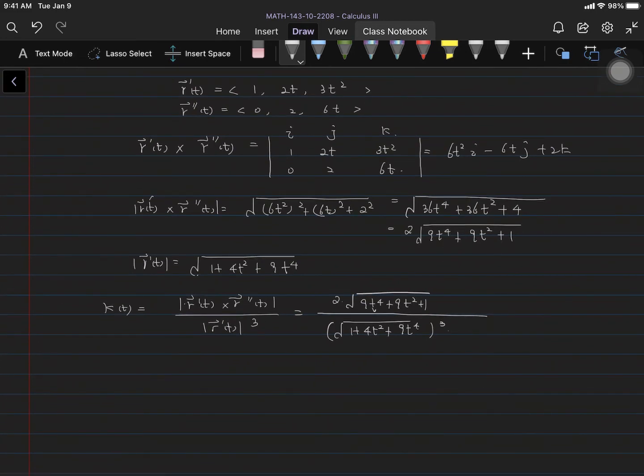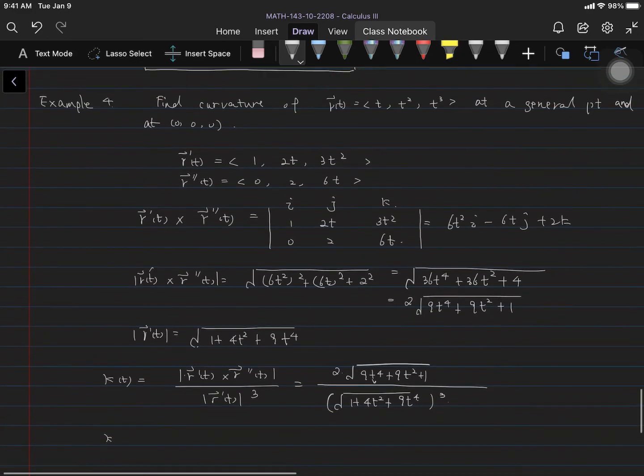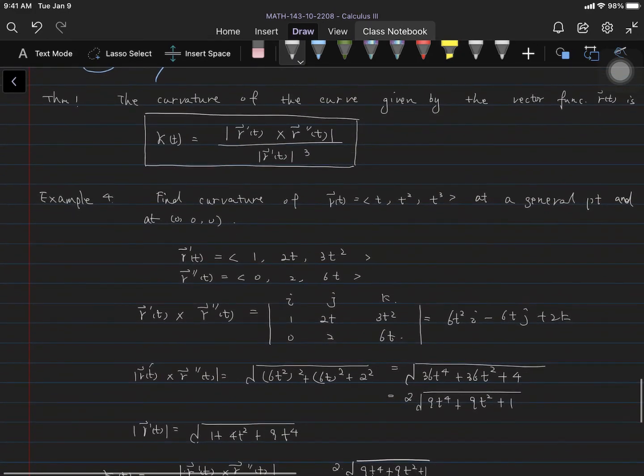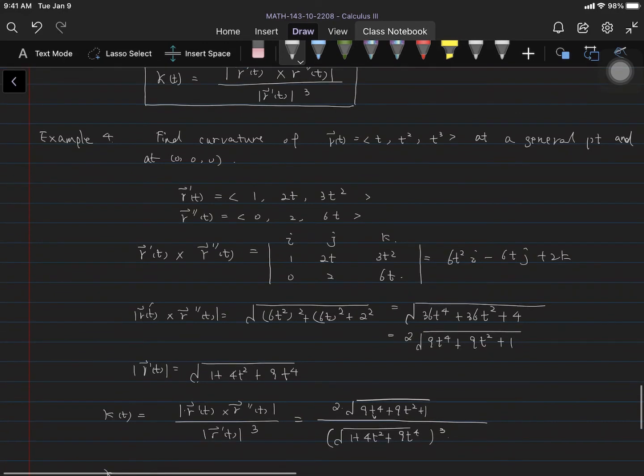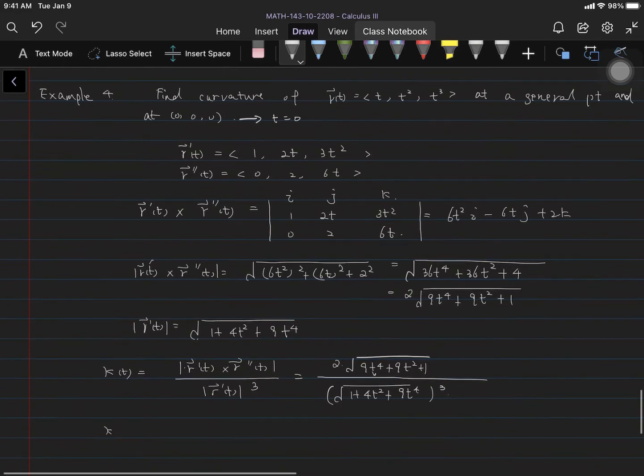And now we are going to calculate at the given point. We need to know what t is, right? By looking at this point, t equals 0, because when we plug the point into r(t), we can see t is 0.